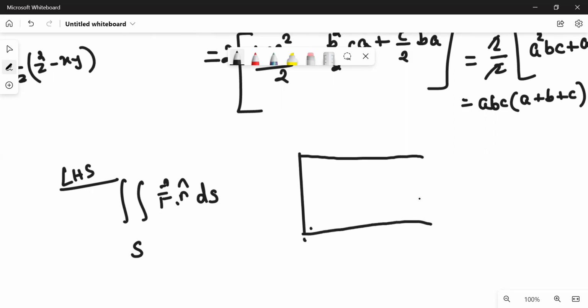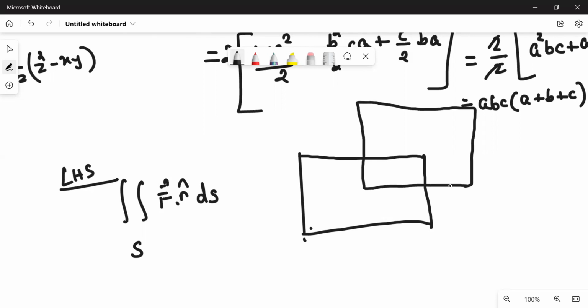First let us draw this because it is double integration. So we have to get the surfaces. It's not like triple integral where at a stretch we can integrate with respect to the volume. So here it is double integration, so we have to split the surfaces.